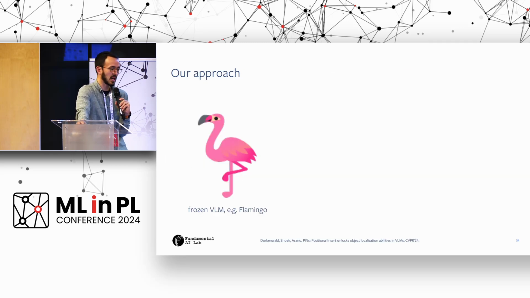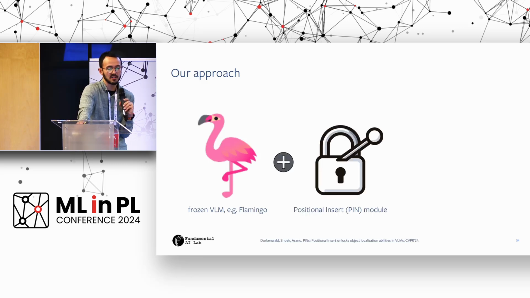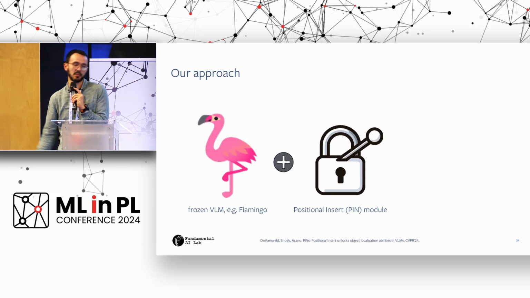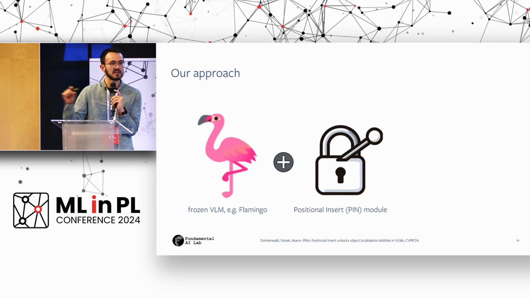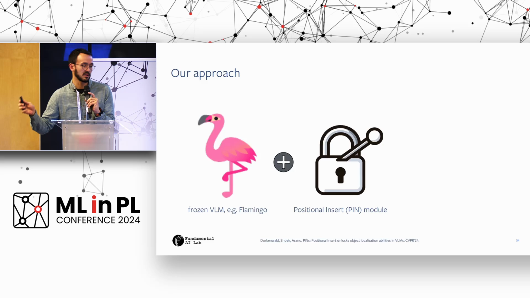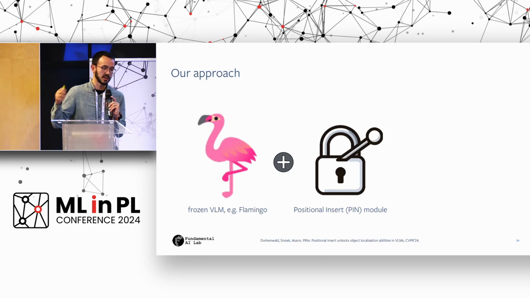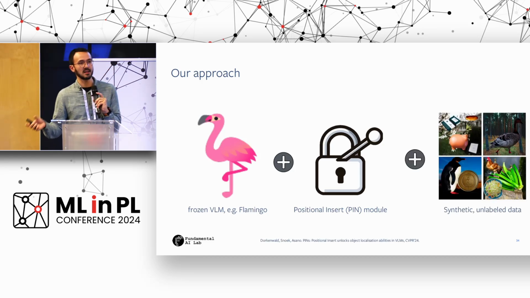And so what we do is we take the frozen VLMs, such as Flamingo or Blip, and then we insert a new learnable module, which is a parameter-efficient fine-tuning method specially designed for vision language models, called PIN module, which I'll get to in a bit, and some synthetic data, which does not have any human supervision or annotations at all, to make object localization work.